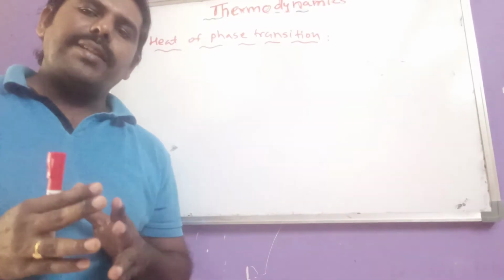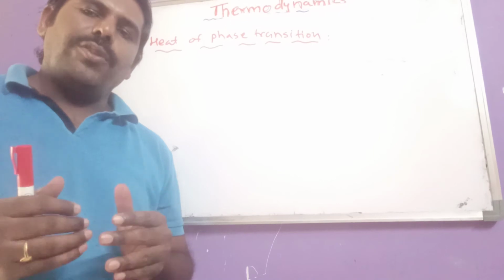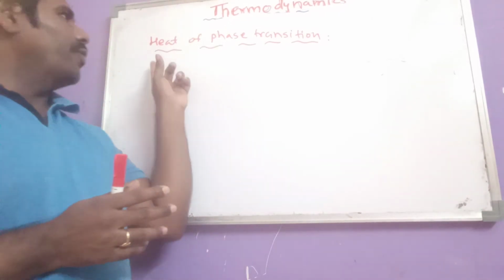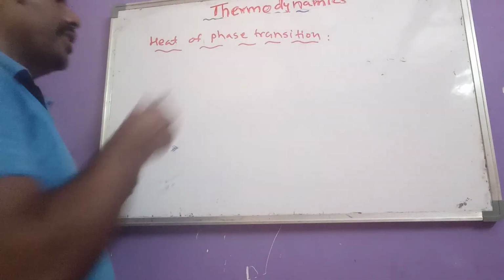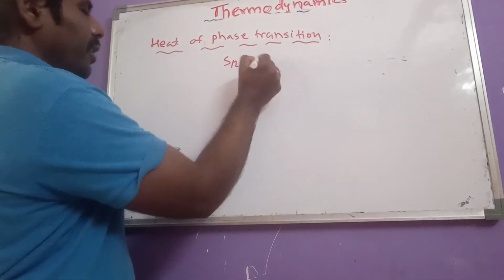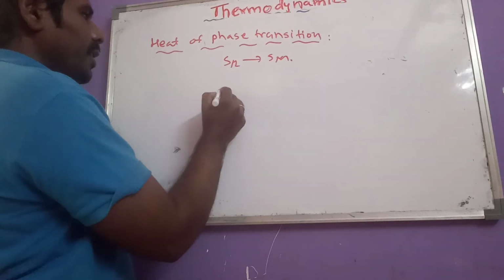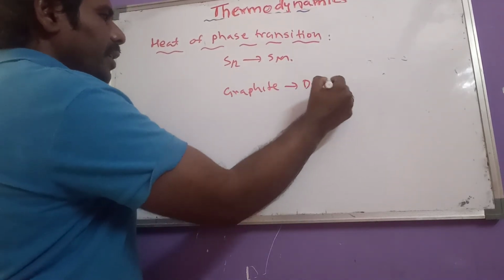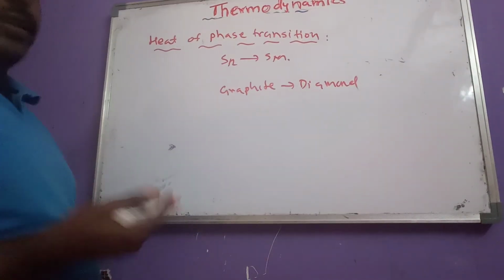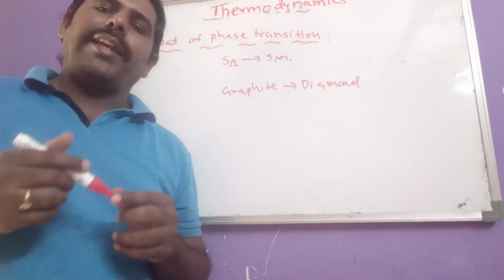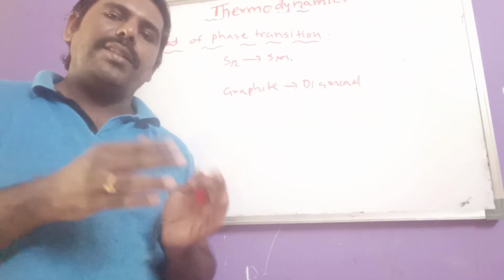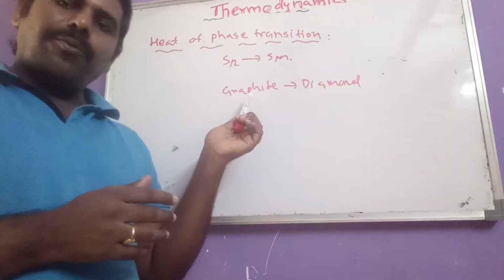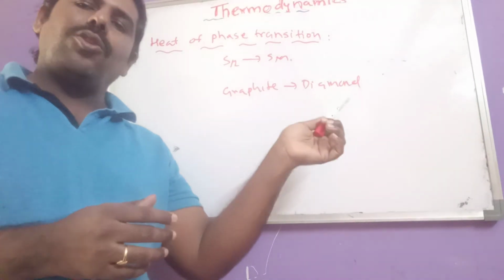So the heat energy change involved in the phase transformation is known as heat of phase transition. That means rhombic sulfur gives monoclinic sulfur, or graphite gives diamond. Like this, phase transition takes place from one phase to another phase, that means from one allotropic form to another allotropic form.